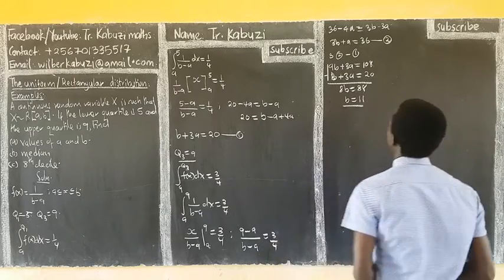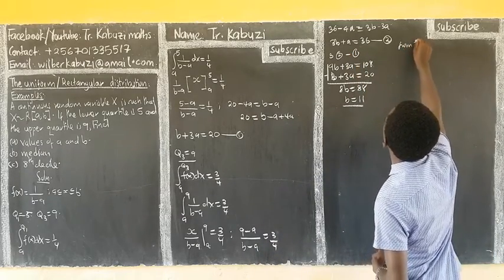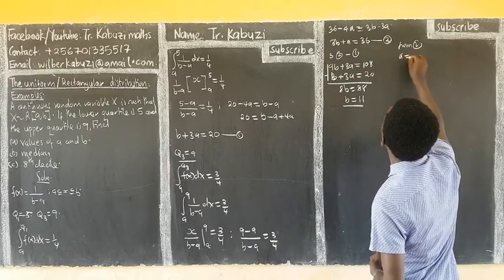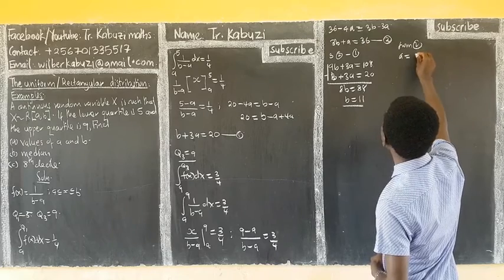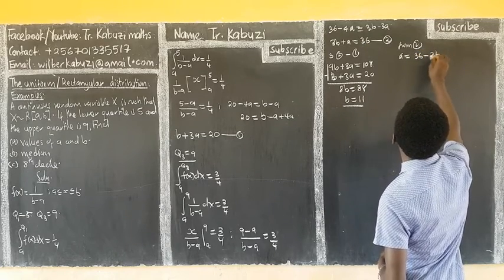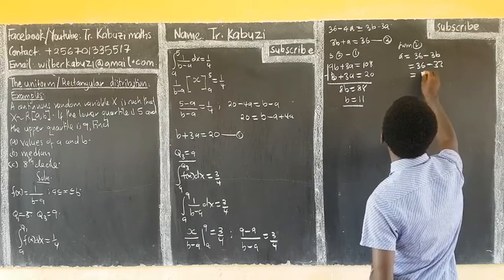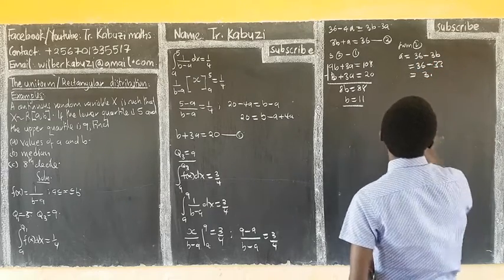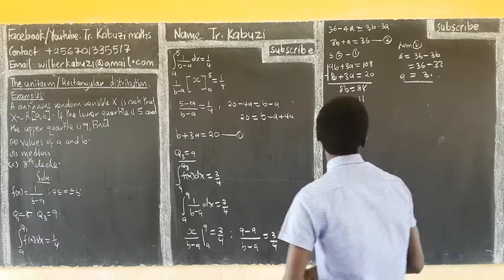If our b is 11, come here from equation 2, so that my a will be 36 minus 3b, which will be 36 minus 33, which will be 3. So we bring in that a is 3, so those are the values of a and b.